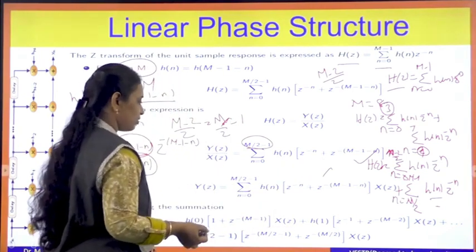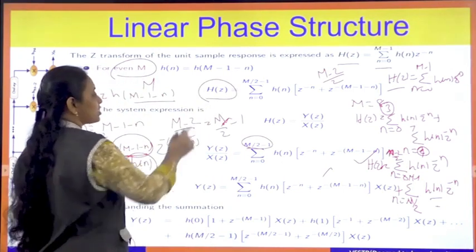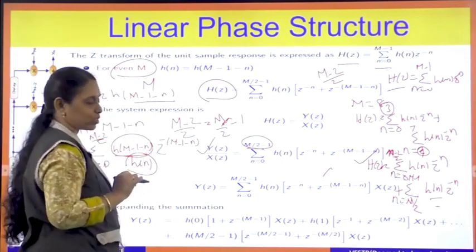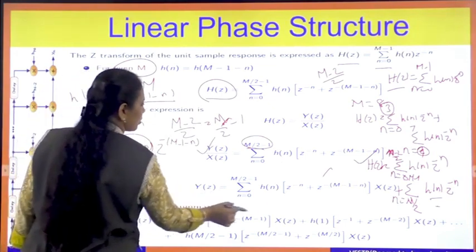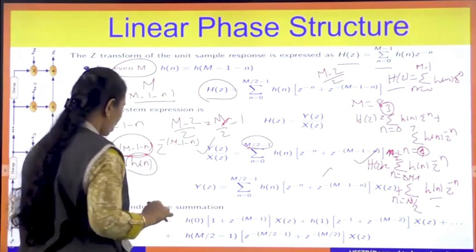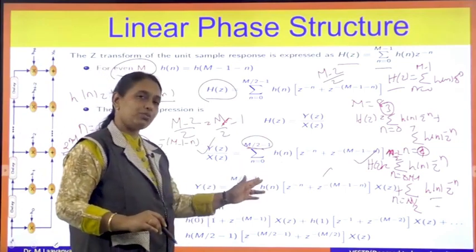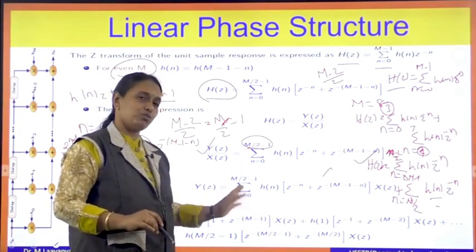After getting that equation, on this side we are having H of z. What is H of z? Y of z by X of z. So Y of z is equal to, take X of z to that particular side. After taking, now you expand the equation from 0 to M by 2 minus 1, otherwise (M minus 2) by 2.